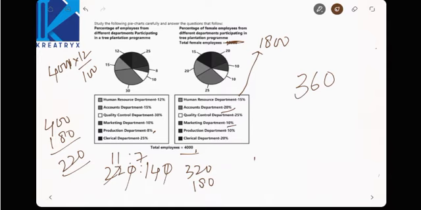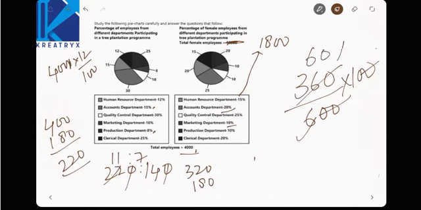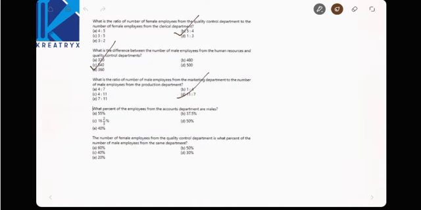So how many total members are there in the accounts department? 15%. 15% is nothing but, see here, 400 is 10, 200 is 5, so totally 600 members are there. So female employees come to how much? 60%. So the remaining must be males, so males are 40 percent, right? So try to find an easy way to calculate, right? See here, males are 40 percent.